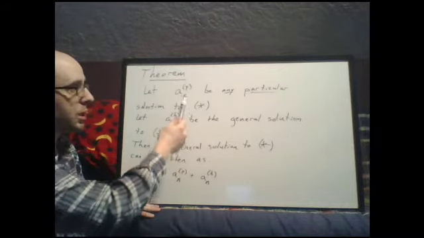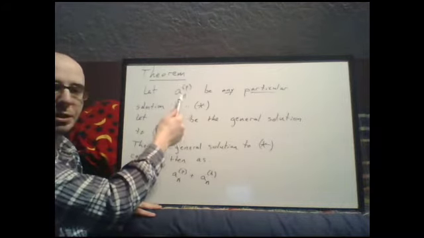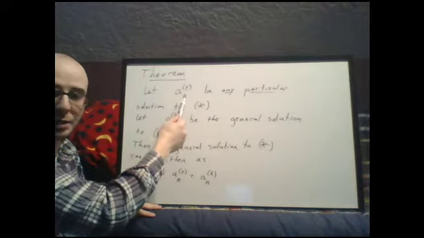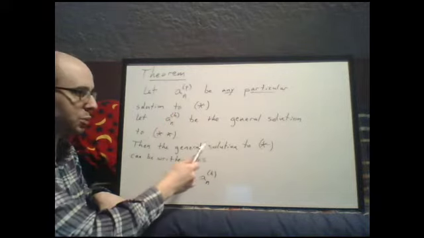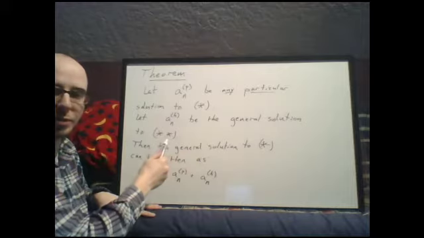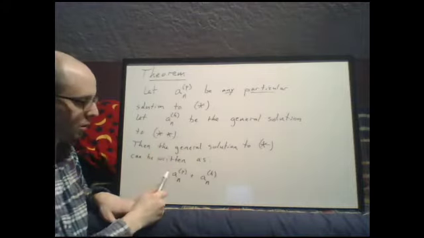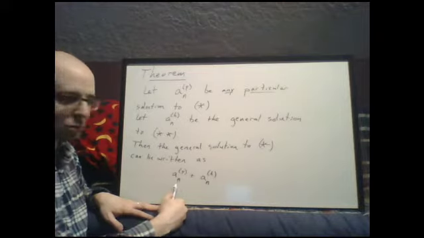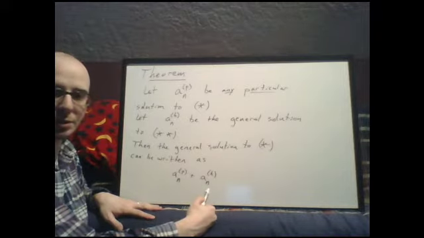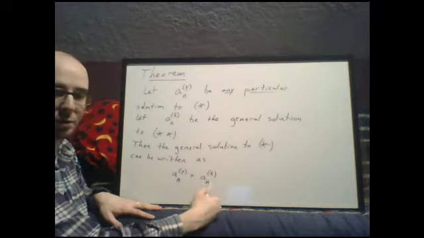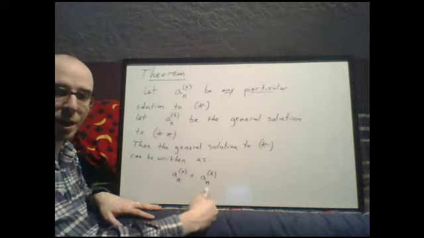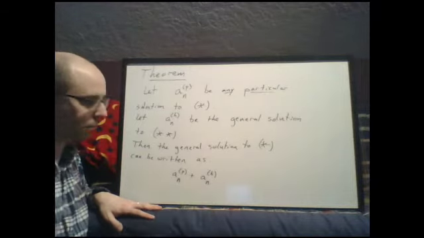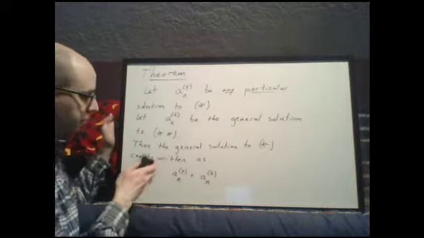So in other words, if I have two different particular solutions to the non-homogeneous recurrence, their difference will be a solution to the homogeneous version. So in general, any solution can be written as a particular solution plus some homogeneous solution. And this general homogeneous solution represents every possible solution to the homogeneous recurrence.